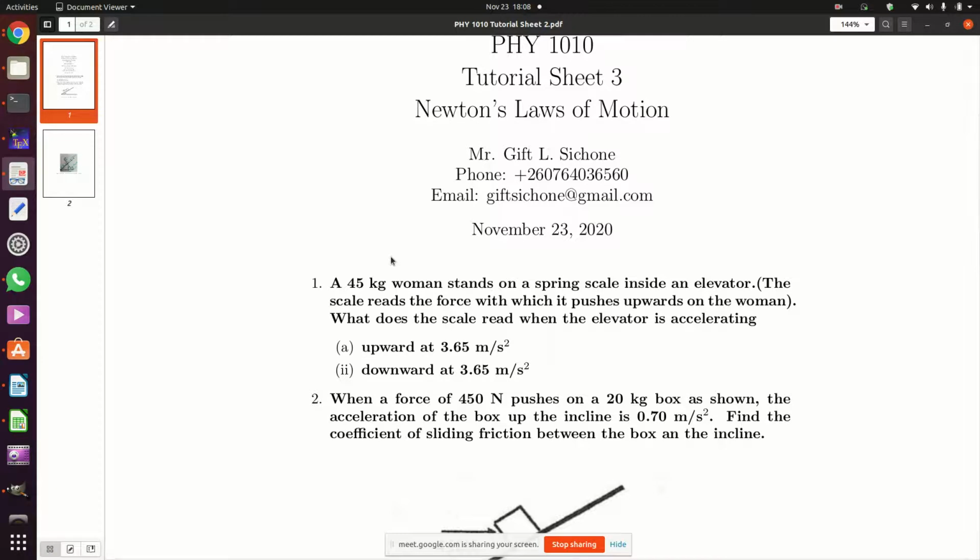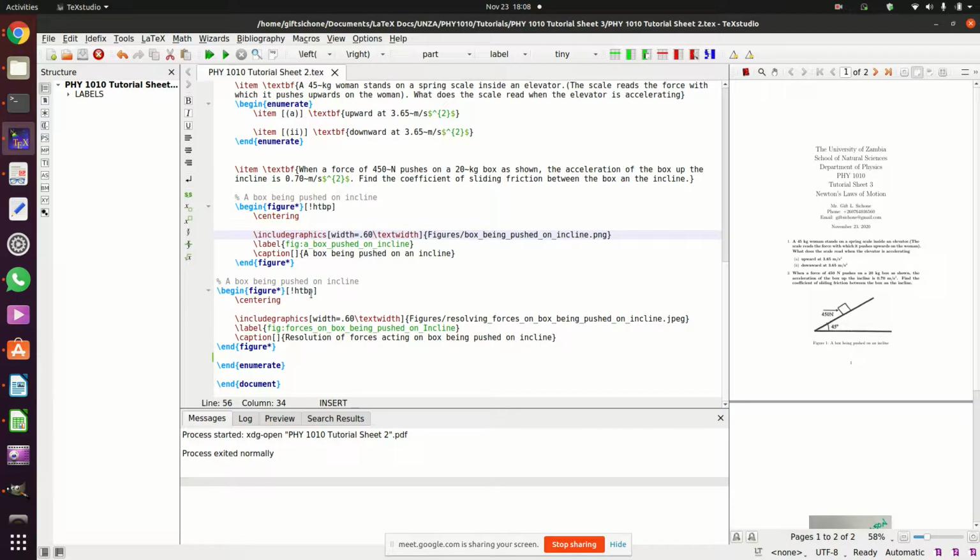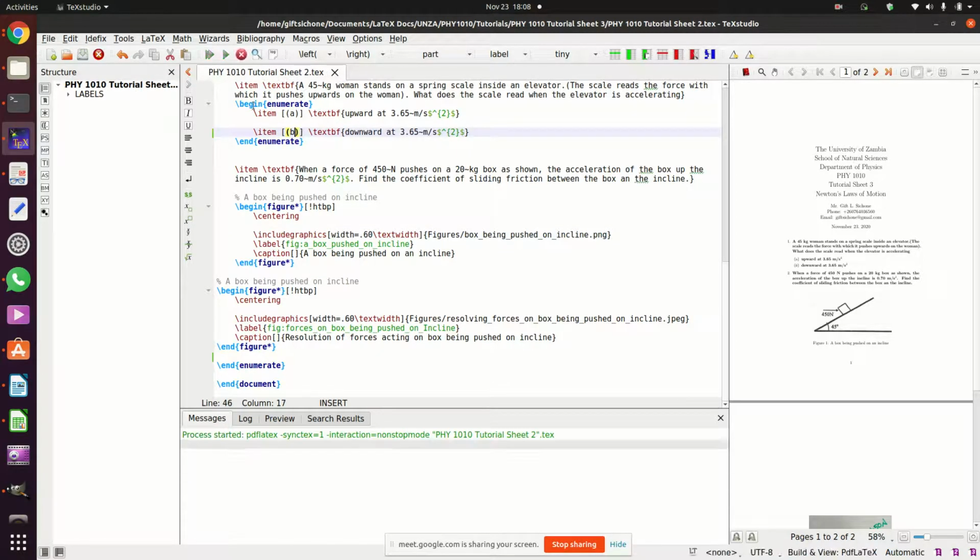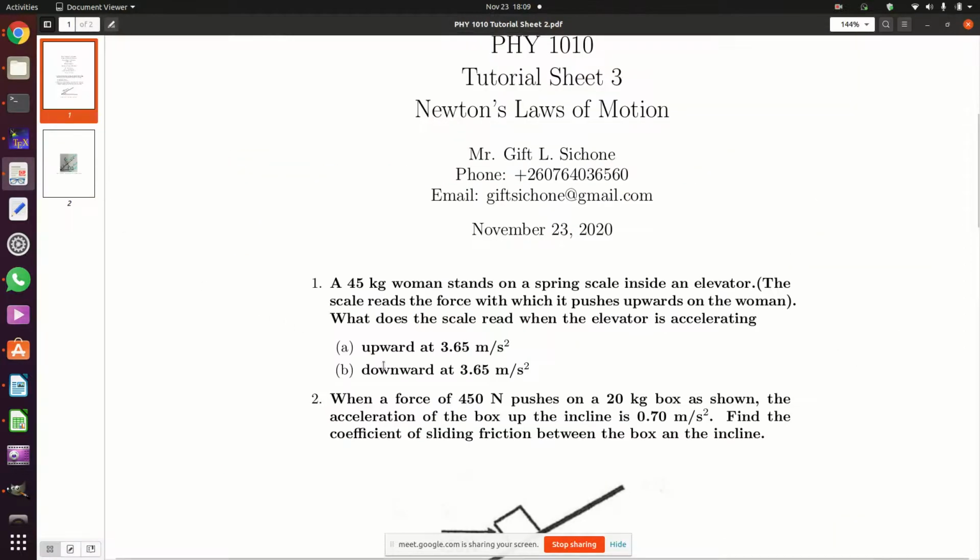What does the scale read when the elevator is accelerating, A, upwards at 3.65 meters per second squared, and B, 3.65 meters per second squared downwards?